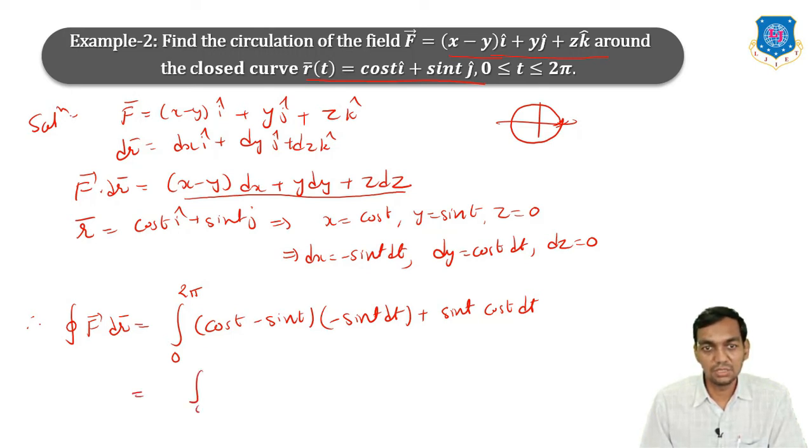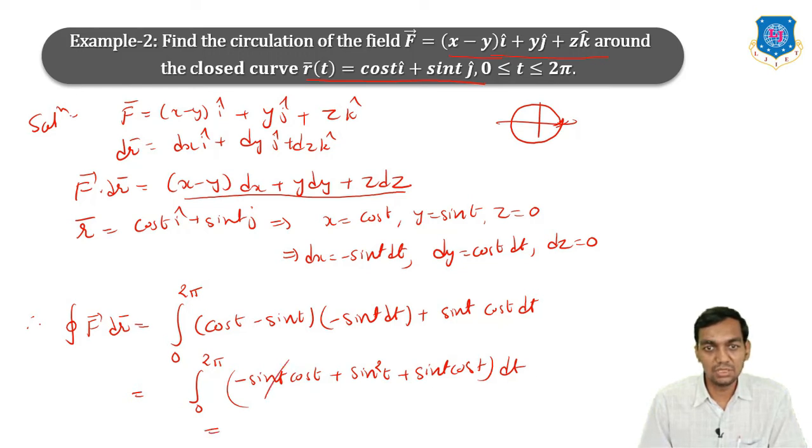Now integration 0 to 2 pi of minus sin t cos t plus sin square t plus sin t cos t dt.